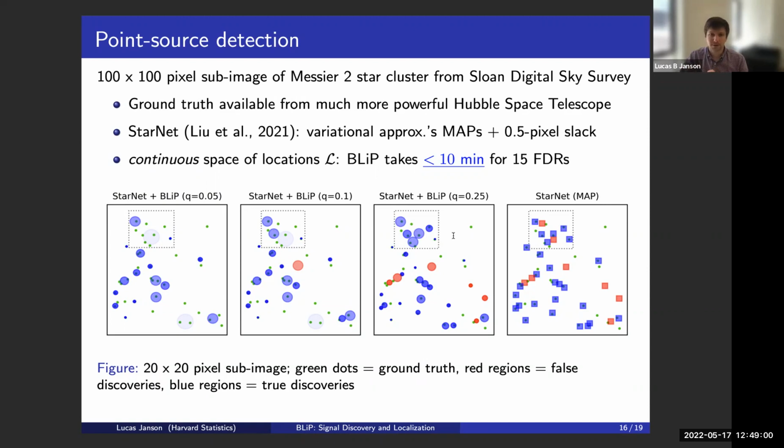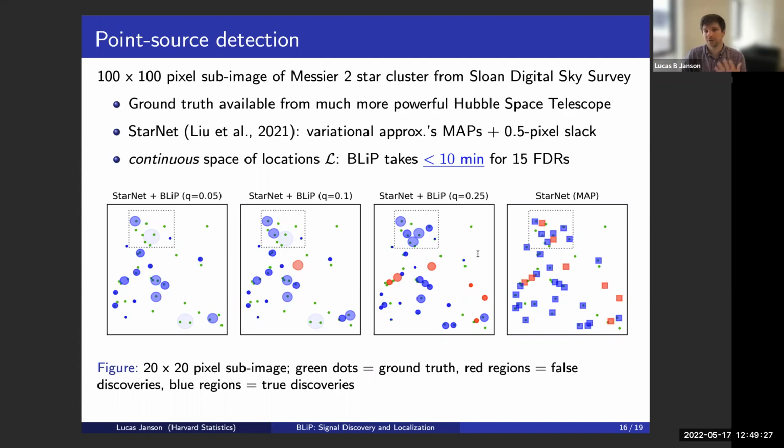And we're able to do all of this while maintaining control over the false discovery. So red circles here are false discoveries, blue circles are true discoveries. And it may not be obvious from looking at this image that we're doing better than StarNet. The next slide will make that more clear. But I want to emphasize that the most important discoveries in terms of our objective function are the smallest discoveries. So you can see there's this tiny blue dot. You almost miss it from looking at the image because it's right next to a green dot.